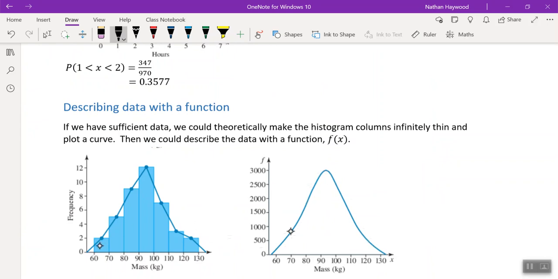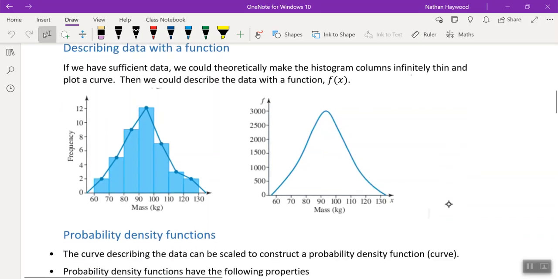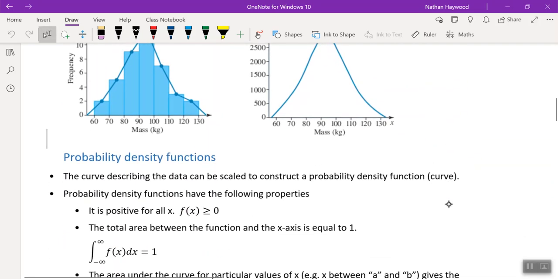So if we look at all the rectangles, we can make an approximate function. We make them infinitely thin and we plot a curve. So you make the continuous intervals smaller and smaller until you get a curve. The curve describing this data is called the probability density function.